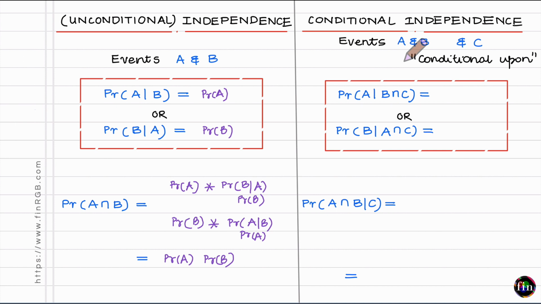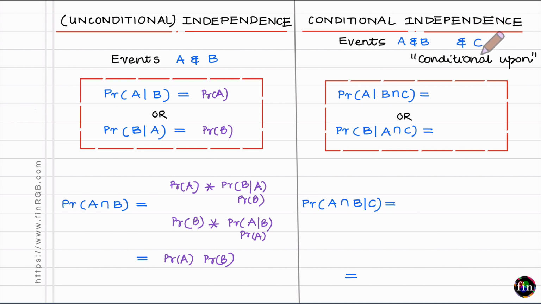Two events A and B are said to be conditionally independent given event C if the occurrence of one of the two, that means occurrence of either A or B, does not in any way affect the conditional probability of the other given event C.